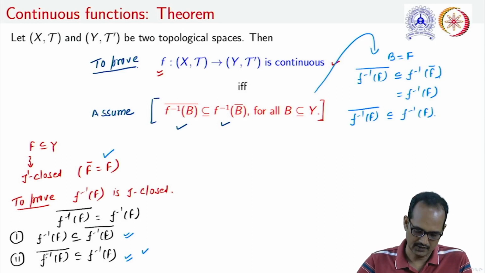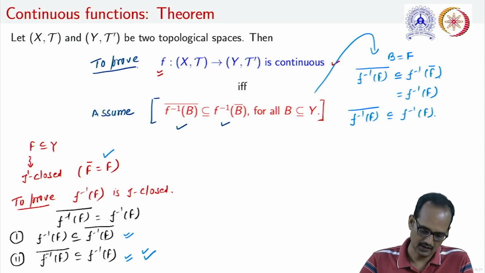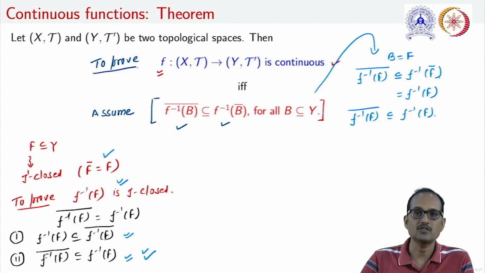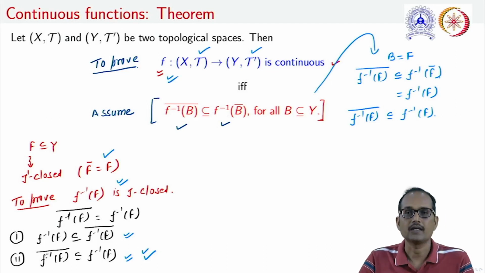Therefore, this second also holds, or f inverse(F) is τ closed, that is the inverse image of a τ' closed set is a τ closed set, and therefore f is continuous.